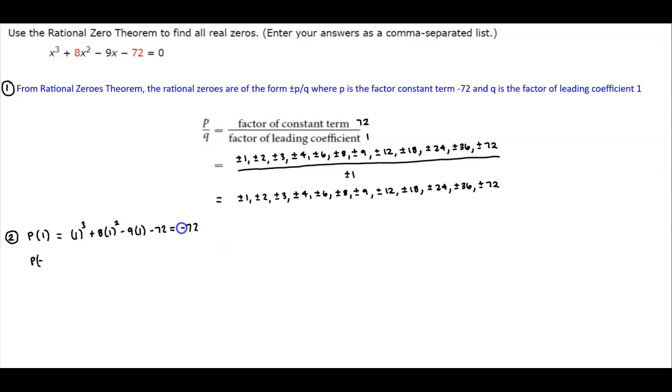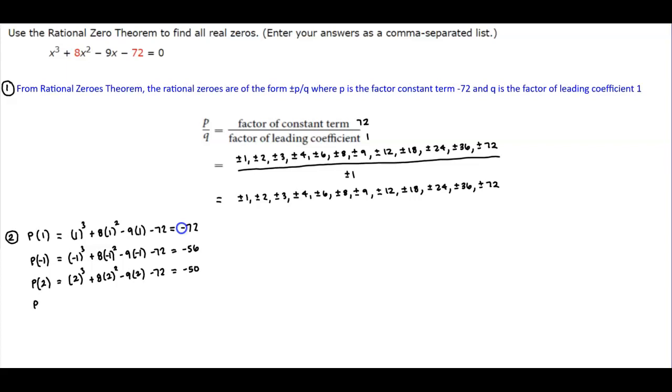If we want to find p of negative 1, then that's negative 1 cubed plus 8 times negative 1 squared minus 9 times negative 1 minus 72, and that gives us negative 56, so that is not a zero. If we find p of positive 2, we put in 2 and cube it, plus 8 times 2 squared minus 9 times 2 minus 72, and that gives us negative 50, so 2 is not a zero.